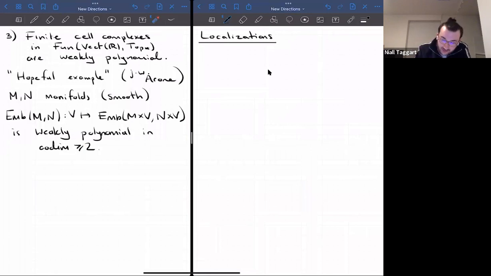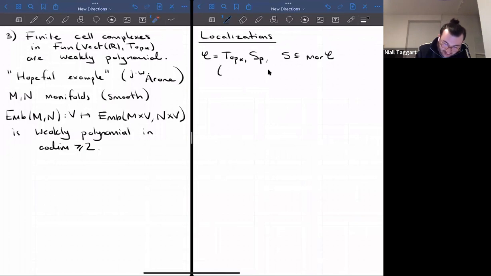So let me be a little bit vaguer. Everything I'm going to say from now on is true in the following setup, but I'll restrict attention very quickly. So C is either the category of based spaces or spectra, and S is a set of maps in this category.